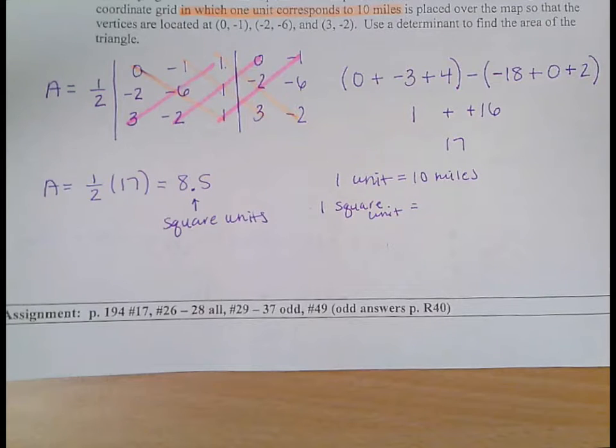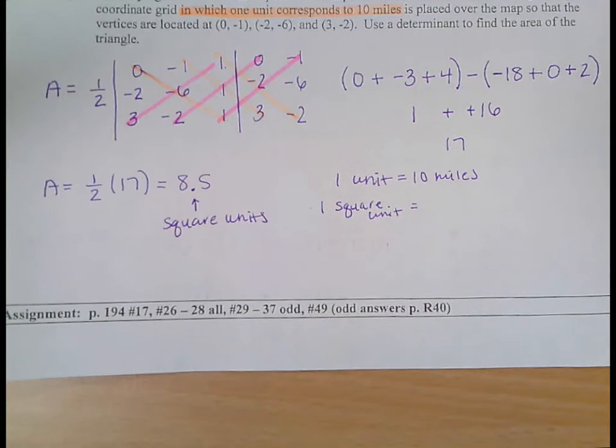So if this is 1 unit, and that's 10 miles, so 1 square unit would be 1 unit by 1 unit, which would be 10 by 10, so it would be 100 square miles.